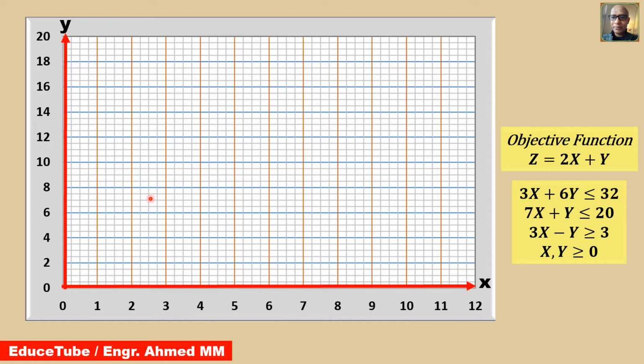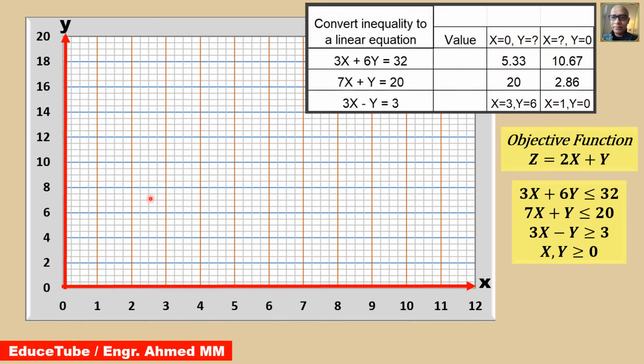So here, as we know, if we want to plot a line on this graph, we need 2 points to draw a line. So the 2 easiest points are the intersections between the linear equation and these 2 axes.